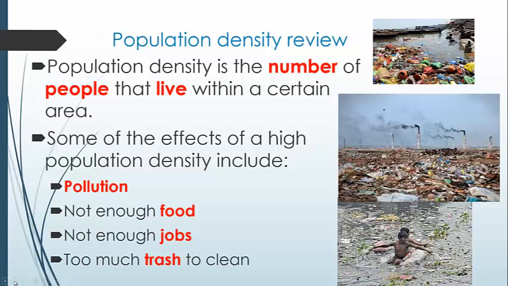Our definition of population density is the number of people that live within a certain area. So if there's a lot of people in a small area, then it's a high population density. And if it's only a couple of people in a large area, then it's a low population density.